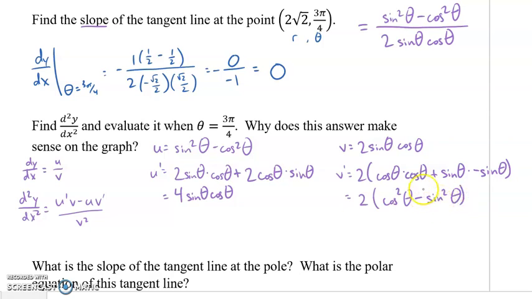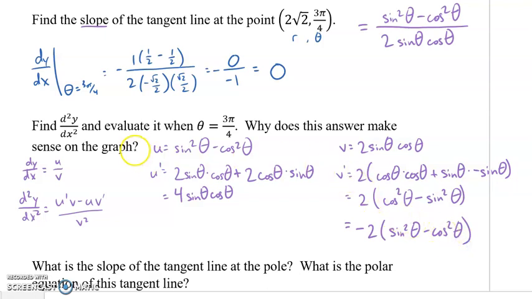Now I'm noticing that this is the sine squared of theta minus the cosine squared of theta, so I'm going to think ahead a little bit, and I'm going to say, well, it might be nice if they matched. You don't have to do that, but it might save you a little bit of headache later on. So if I factor out a negative here, I'll put it in front of the 2, and get sine squared of theta minus cosine squared of theta.